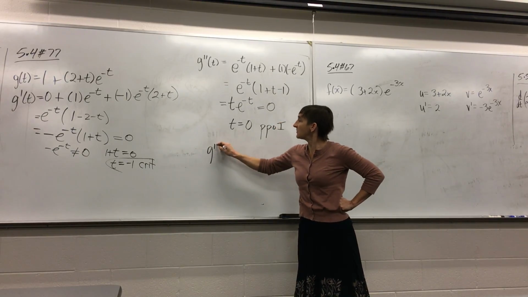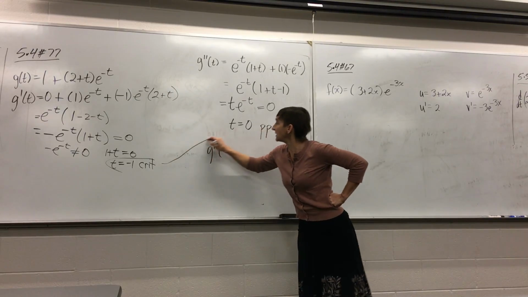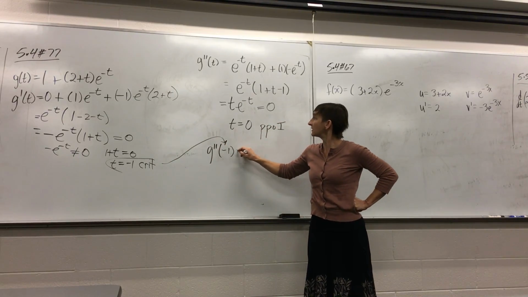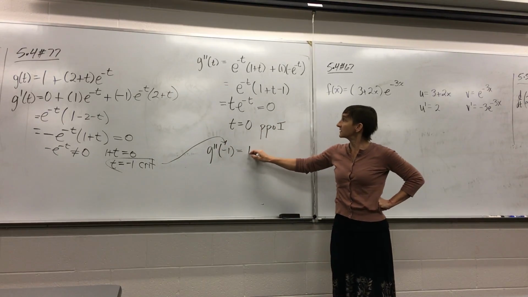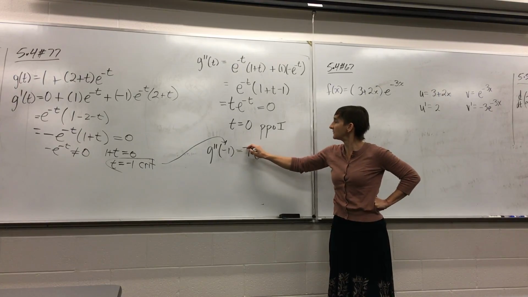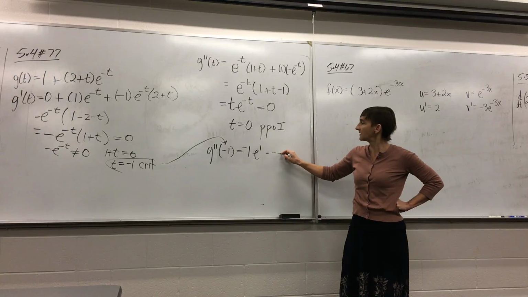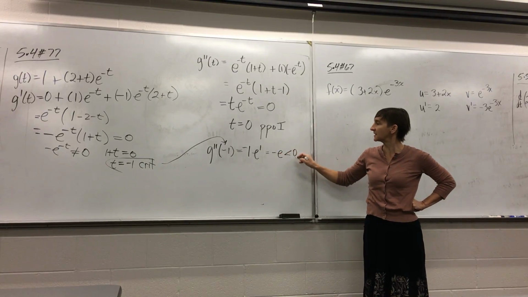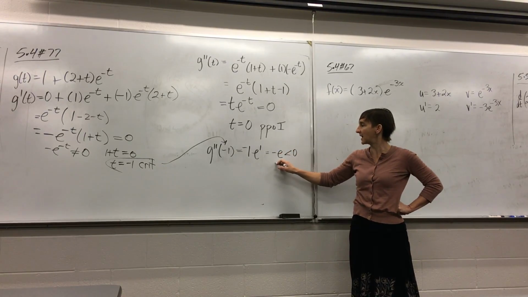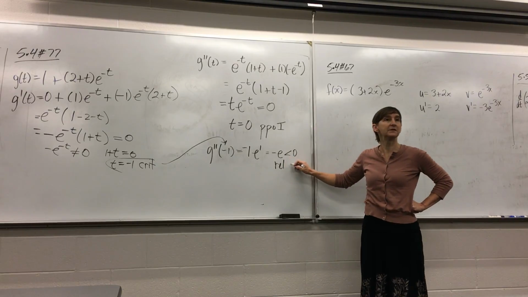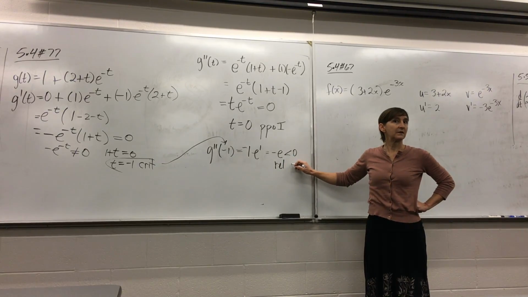And g double prime of my crit is negative 1 e to the 1 equals a negative e, which is less than 0. So my crit is a relative minimum. Maximum.